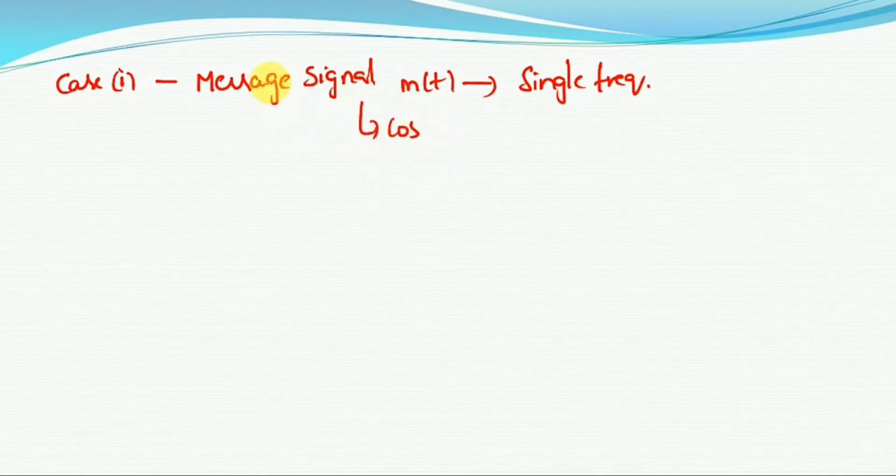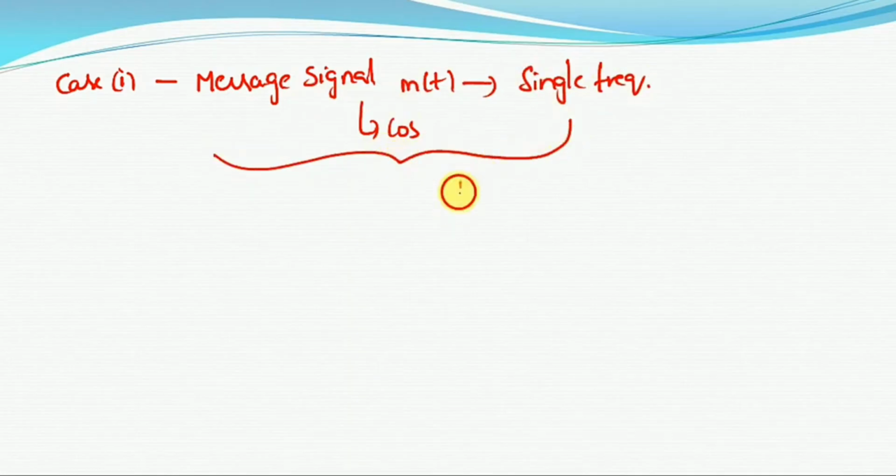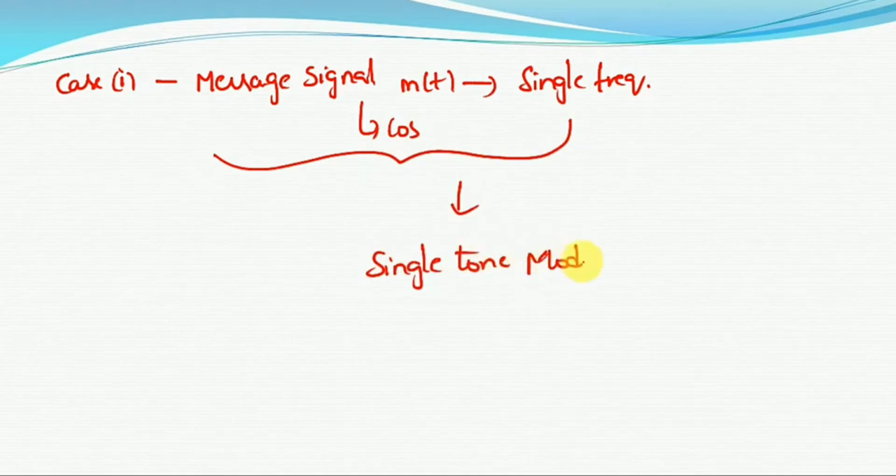If the message signal contains a single frequency component, then the modulation is called a single tone modulation. What do we mean by a single tone modulation? Single tone modulation implies the message signal, that is m of t, should contain a single frequency component. That case we call a single tone modulation.